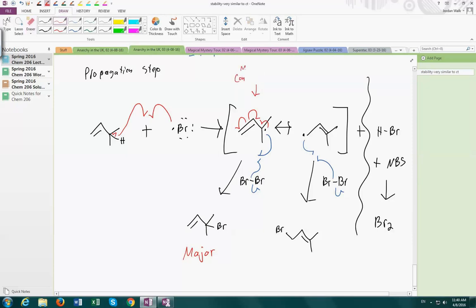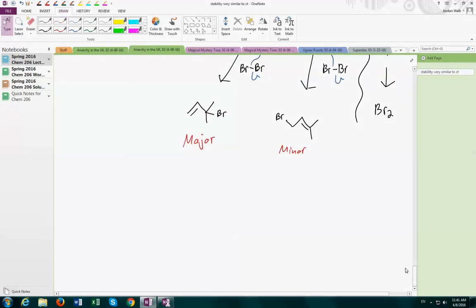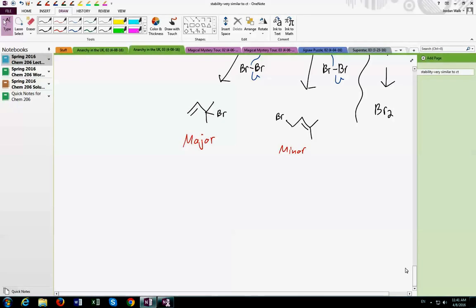How's that? So we've got a major contributor here, which leads to this being the major product, and so we would end up with the primary bromide as the minor product.